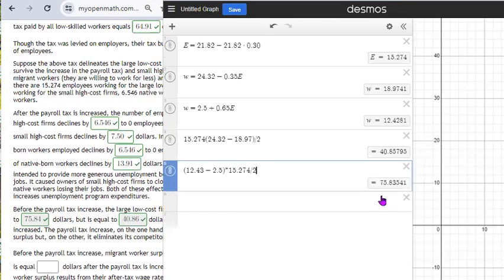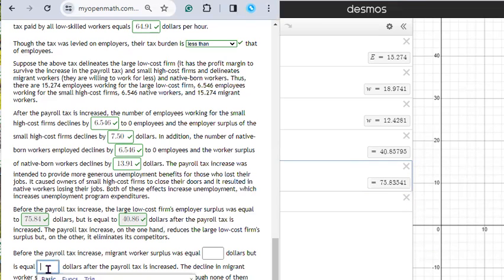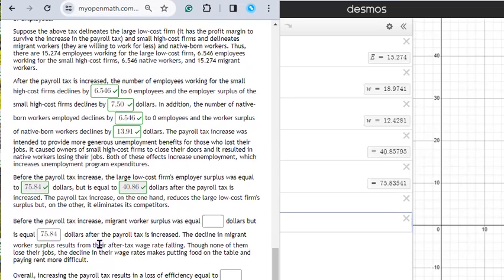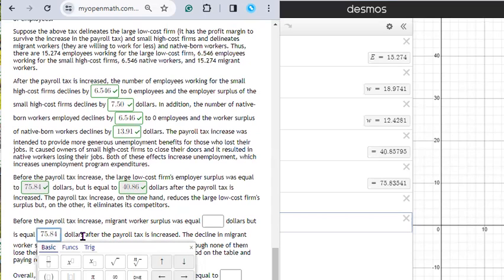Okay, so the migrant farm worker surplus after the tax is imposed is this amount. That's a 4 there, right? The payroll tax increase results in a migrant farm worker surplus of blank dollars before the tax, and then this amount after the tax.